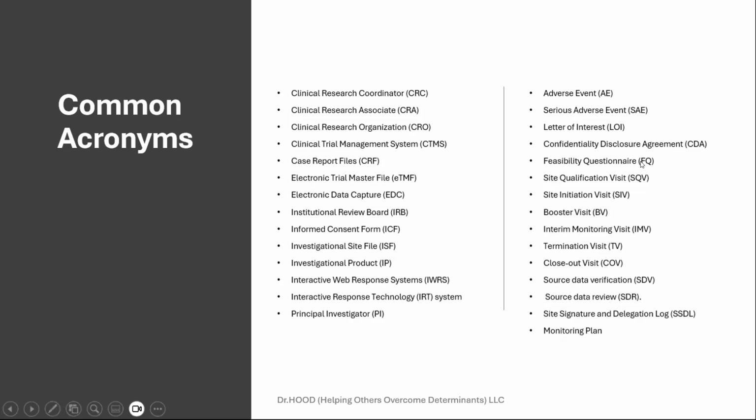Feasibility questionnaire, the FQ, is a document that goes out to the site once the confidentiality agreement is either finalized or it can be sent concurrently, and it allows the site to demonstrate the number of staff that they have, the patient population, how they usually recruit, what percentage of their screened patients will possibly go on to be randomized, and what percentage they project will be screen failed.